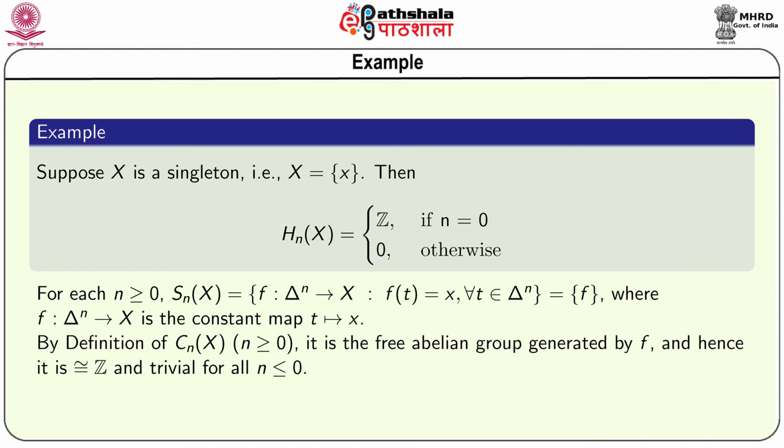By definition of C_n(X), for n greater than or equal to 0, it is the free abelian group generated by f, and hence it is isomorphic to the infinite cyclic group Z, and trivial for all n less than 0.